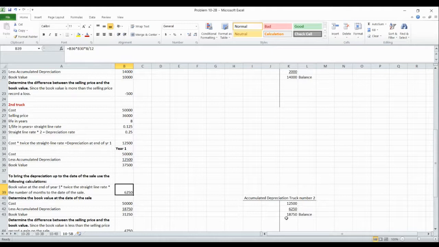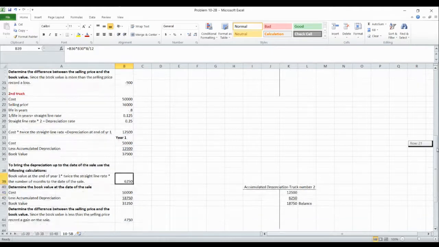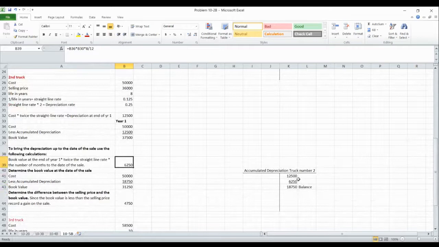Over on this side, I've shown you the accumulated depreciation for truck number 2. At the end of year one, it was $12,500. But then to bring the depreciation up to the date of the sale, we had to add to it $6,250. The total in the accumulated depreciation is $18,750.